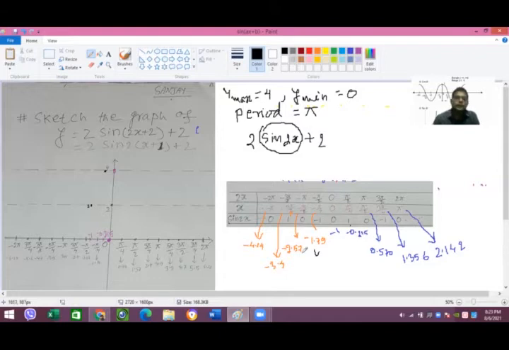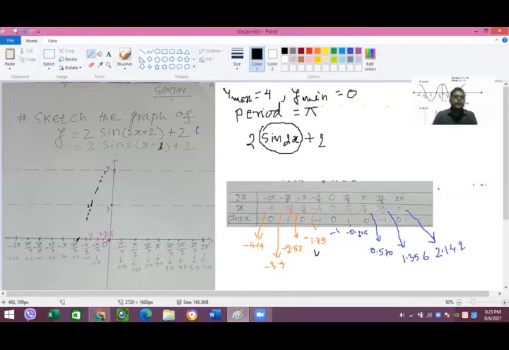So let's search where is 1.79. This is 1.57 minus, and this is 2.4. So 1.79 is somewhere here. That means one part of the graph works like this.